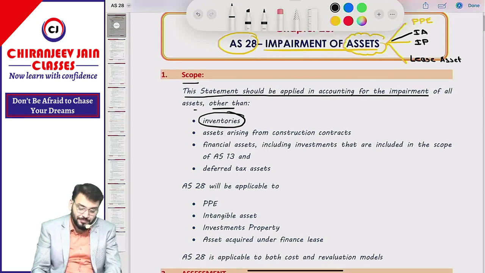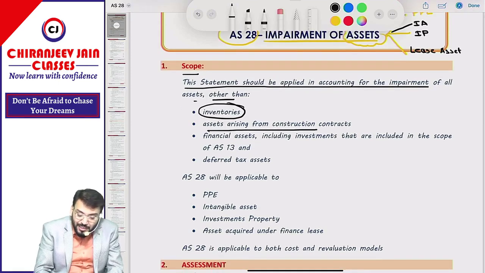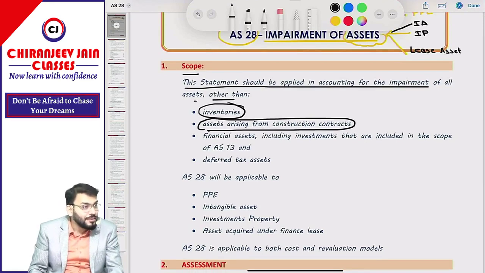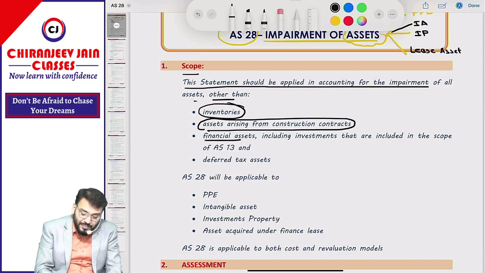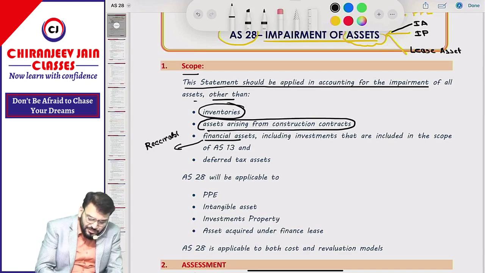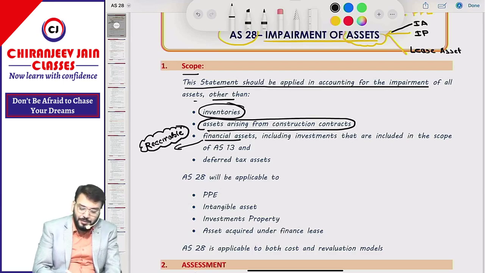Inventory is not covered. Assets arising from construction contracts, which we have done, are also not covered. Financial assets, meaning all the receivables, like trade debtors, loan receivable, etc., are not covered.